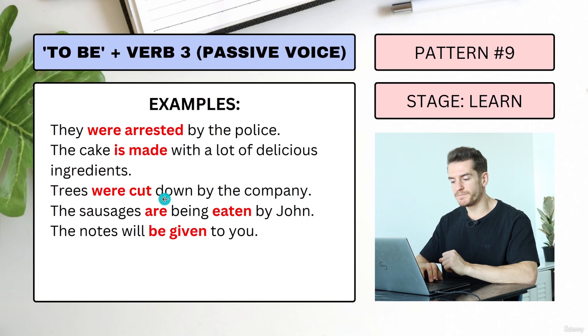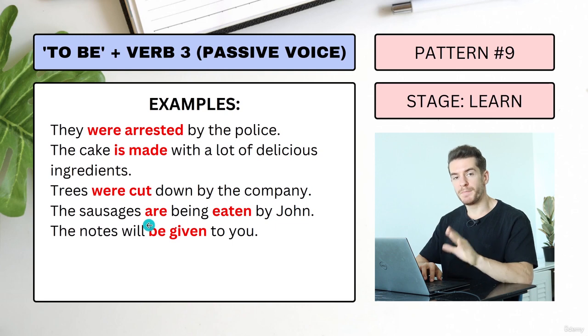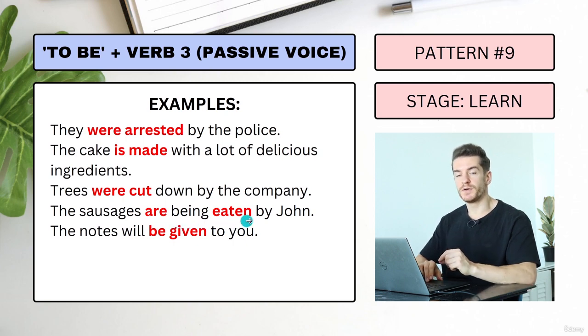So we've got to be plus verb ing plus verb 3. Now this is the most common structure you will see, guys, with ing when you're using a passive voice sentence. You'll see are or verb to be plus being plus verb 3.